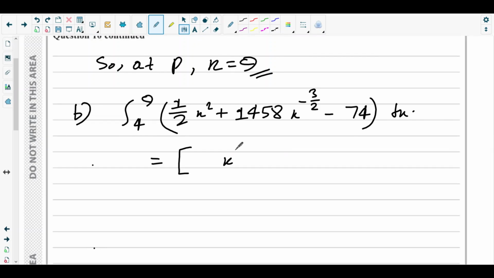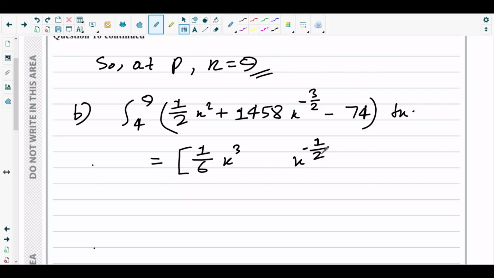So x squared in integration, 1 will get added to the power, so x cubed, and then we will use the new power to divide the coefficient. Half over 3 will give you 1 over 6. With the power of x in the second term, this is negative 3 over 2, so x to the power negative 3 over 2 plus 1 is x to the power negative half.